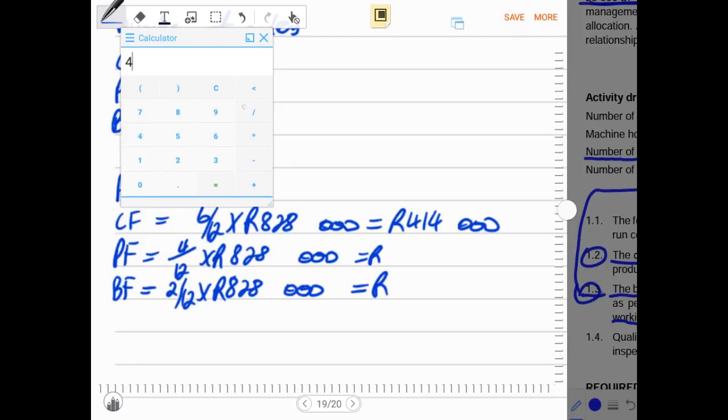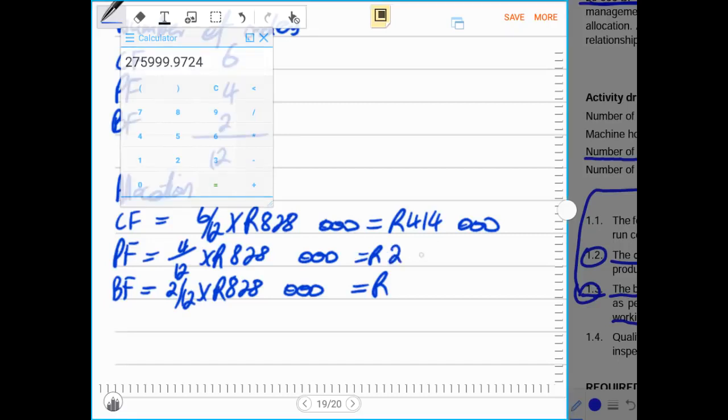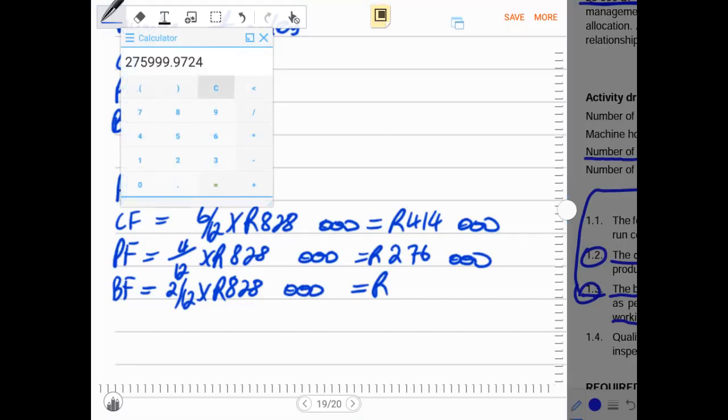Then after we have 4/12 times 828,000, this gives us a total of 276,000, rounding off to the whole number. The last one, 2/12 times 828,000, this is 138,000.